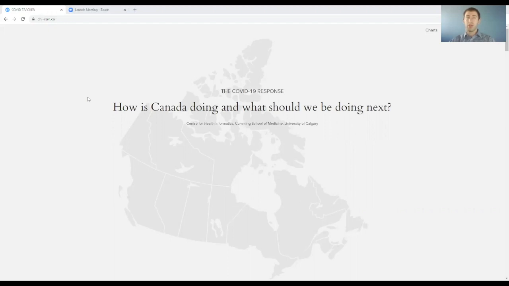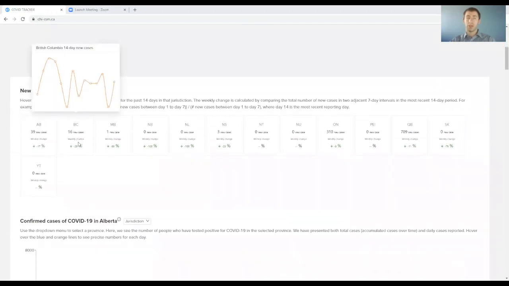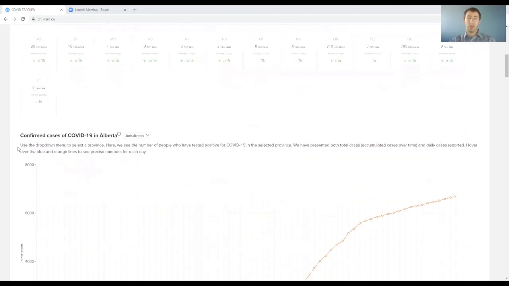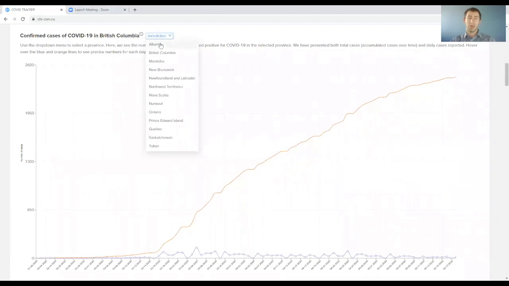When you visit the tracker at chi-csm.ca, you're greeted with the question of, how is Canada doing and what should we be doing next? The figures that follow present the available data to the viewer in an easy to understand way. As you go down the page, you can see new cases across the Canadian provinces and for the last 24 hours or the 2-week trend, as well as the total and daily cases for each province, which you can change by selecting a different province.